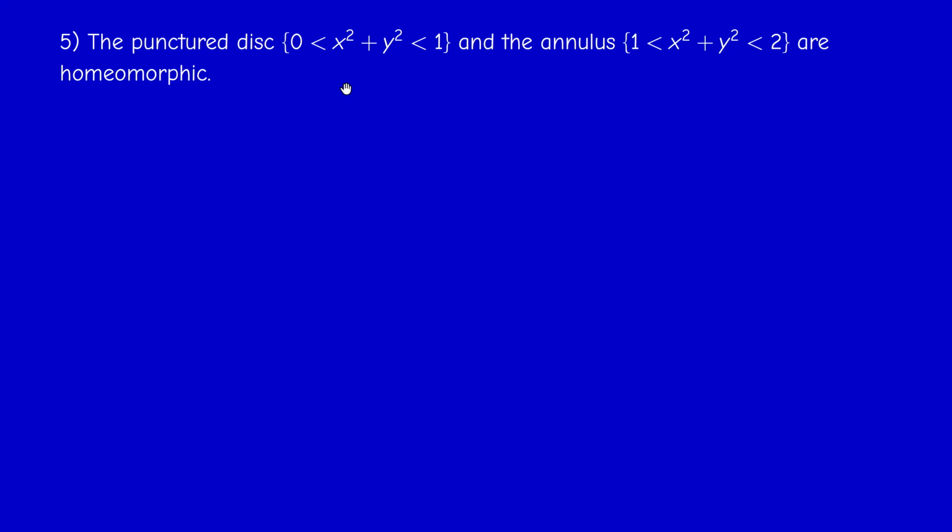Intuitively, we can distort this punctured disk to make it an annulus, and you can go back without breaking, without introducing any discontinuity. And once again, if you don't believe your intuition, there are simple formulas.